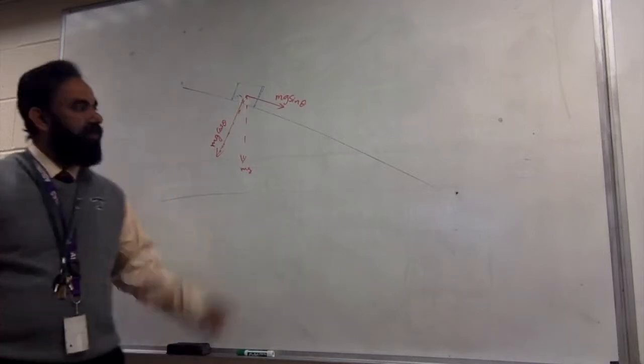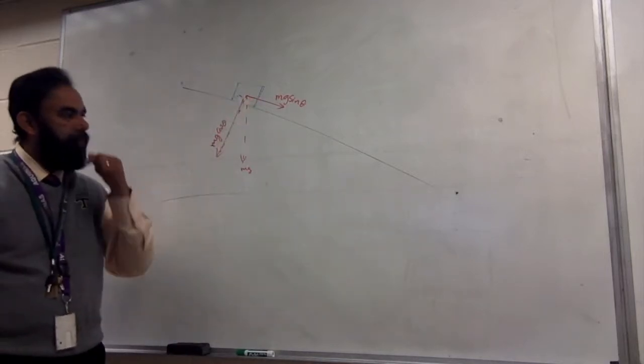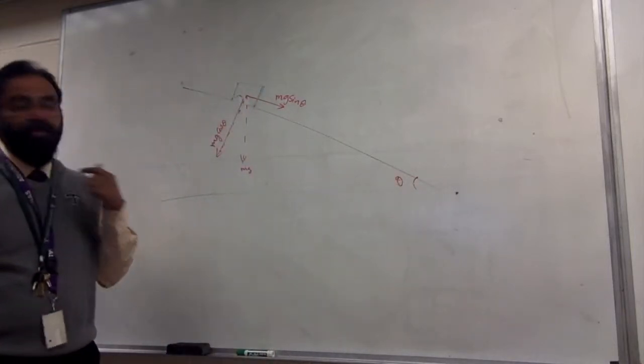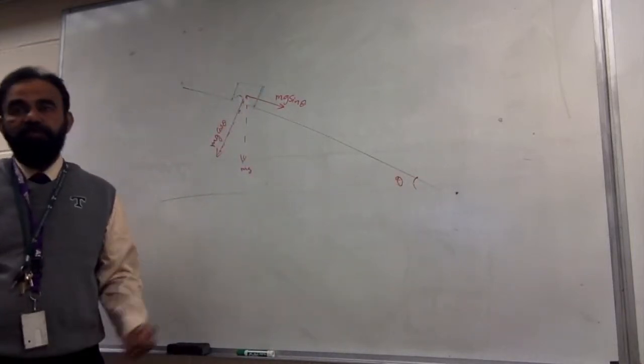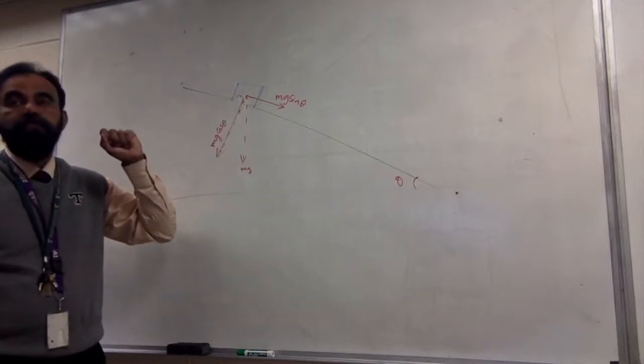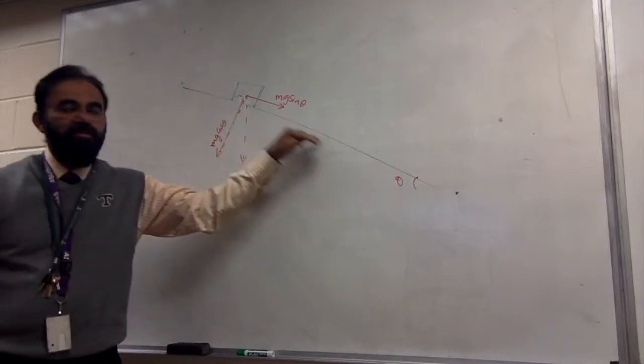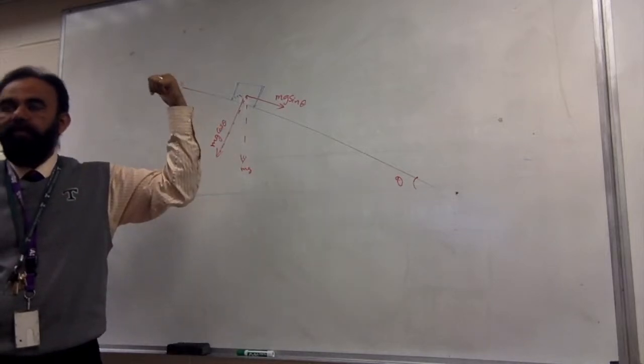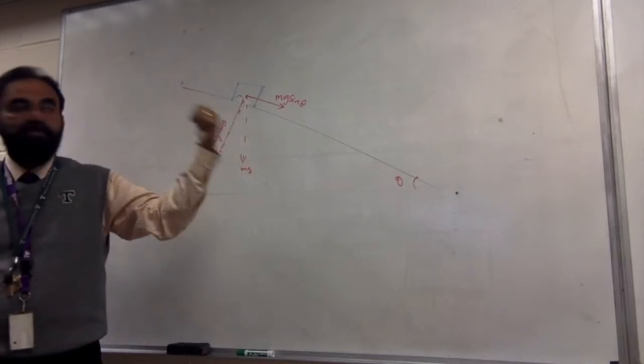Sine theta, cosine theta, and theta being this. What else could be acting on it? Friction. Now, if this object is trying to drag itself down, then friction is which way? And how much is friction?